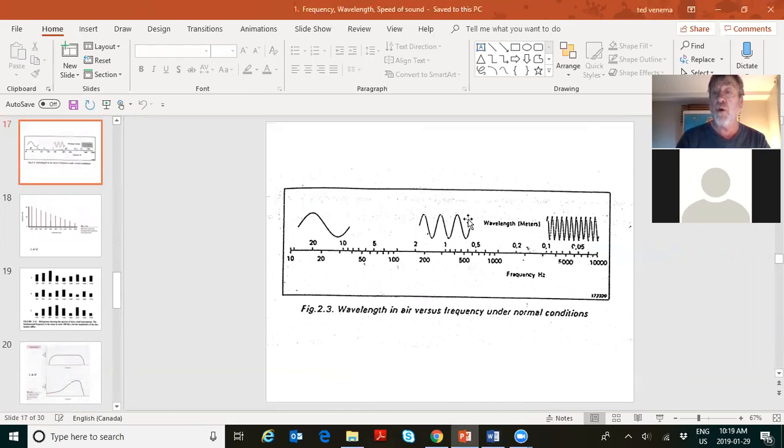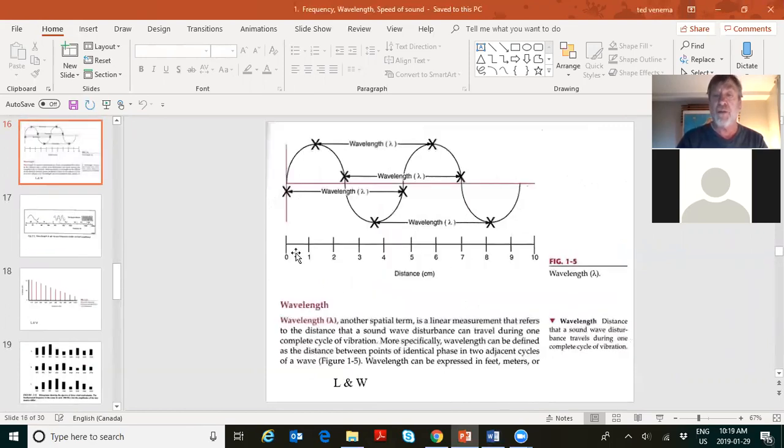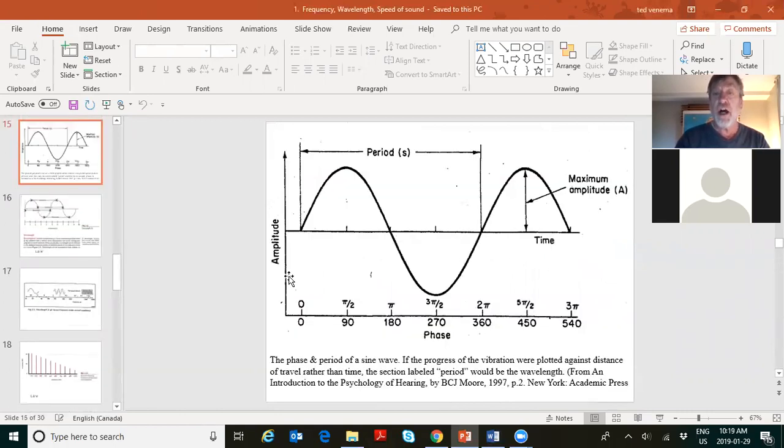And what's on the horizontal axis of sound waves? You can call it either distance and amplitude, or time and amplitude. Either way, amplitude is always on the vertical, time is usually on the horizontal, or if you're talking wavelength, the physical length of the wave.